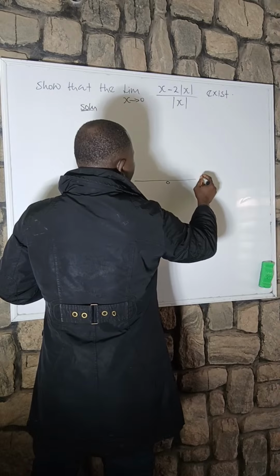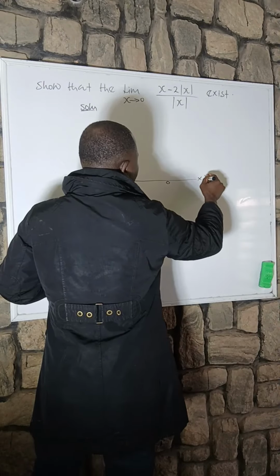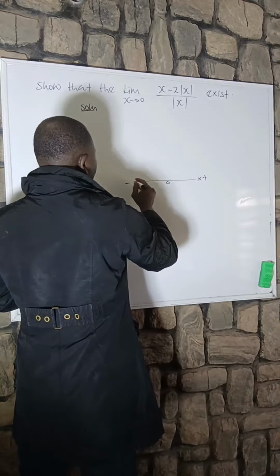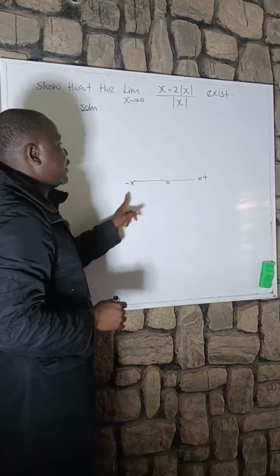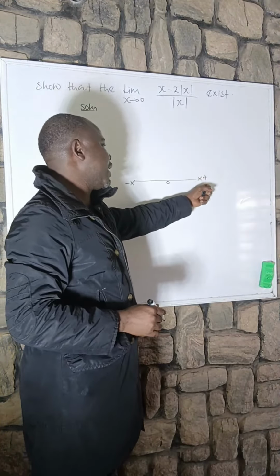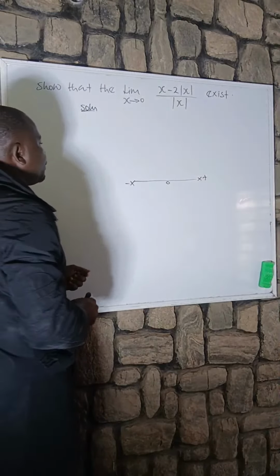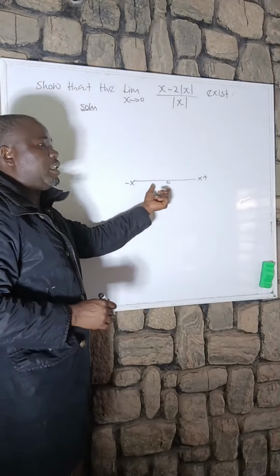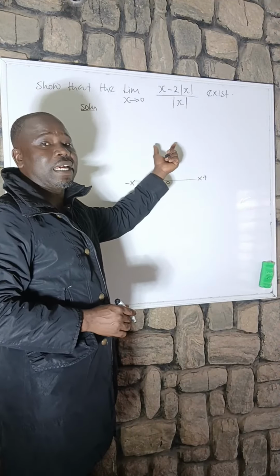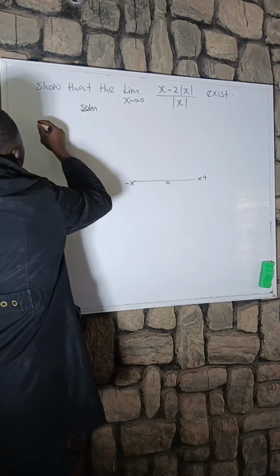So this is our x. Our x here is positive. Then our x here is negative, true or false. So this is the right hand, and this is the what? The left hand. So for us to show that the limit exists, we have to test both the right and the left hand side.